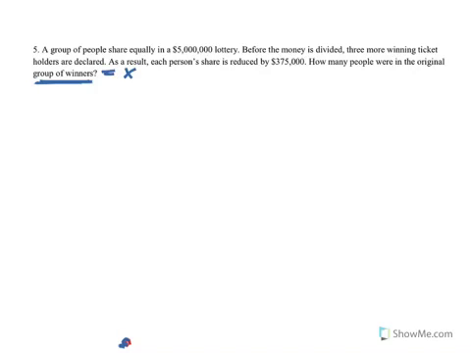So think about having a $5 million prize, and there are 10 people in the group. How much would each person get? To figure that out, we would take the $5 million and divide it by 10 people. So if there are X people in our group, we'll take the $5 million and divide it by X people.